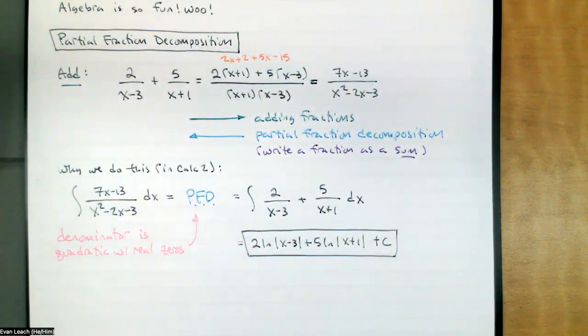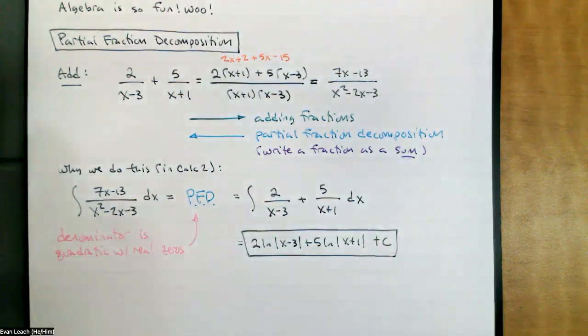We should also note that the denominator is quadratic with real zeros, which is what made us do partial fraction decomposition. We should also note that we decided to skip long division because the degree of the numerator was already less than that of the denominator.